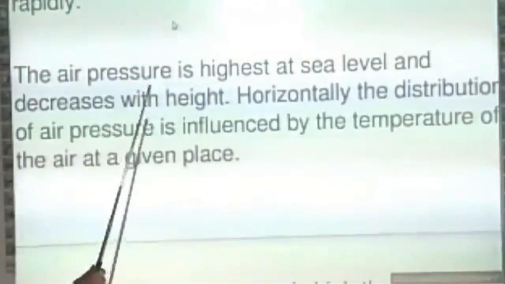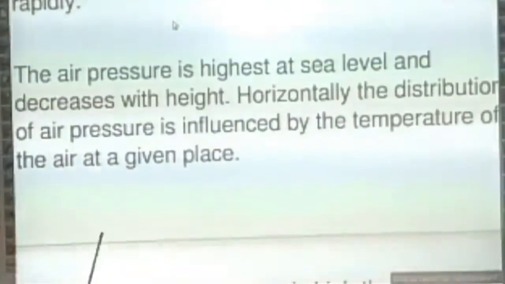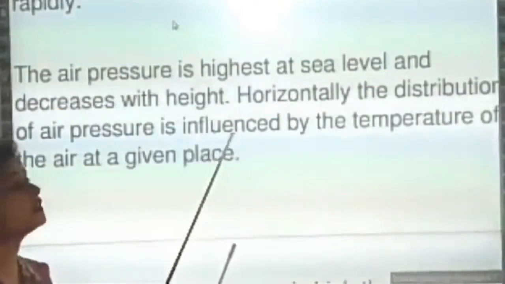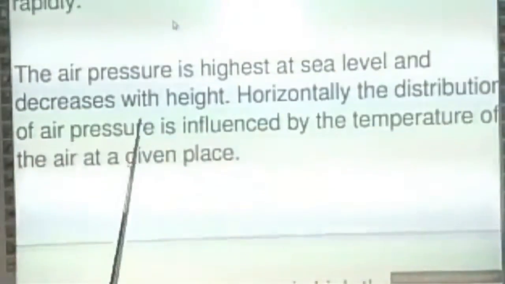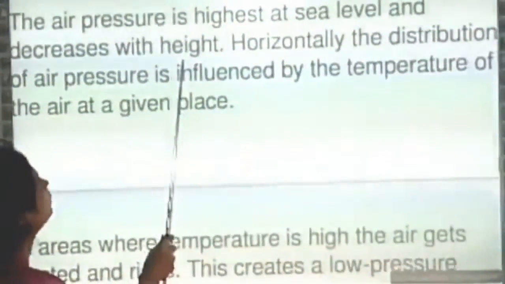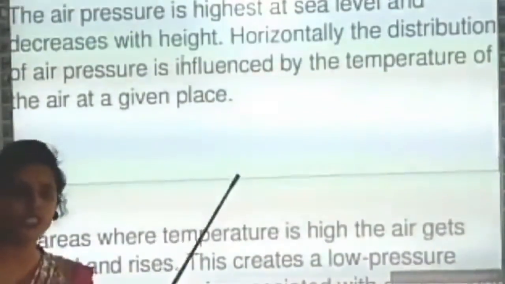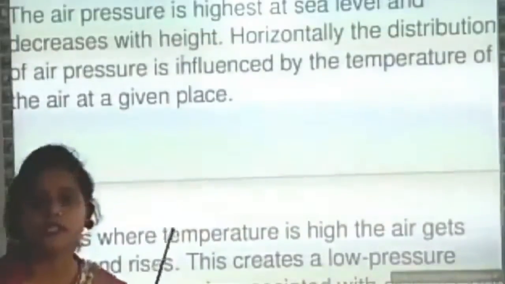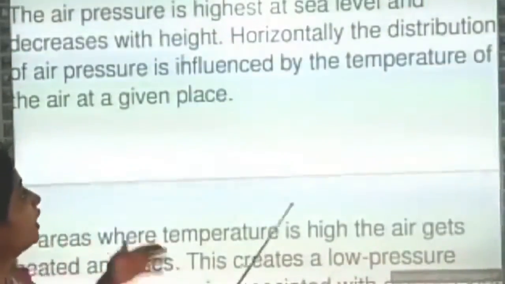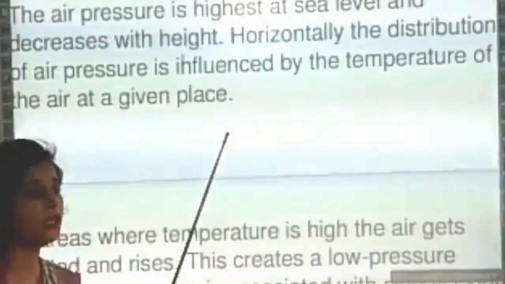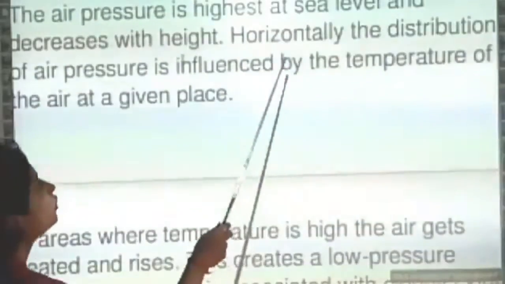The air pressure is highest at sea level, and it decreases with height. If we go to a mountain side, the air pressure is very low, and at sea level the air pressure is very high.